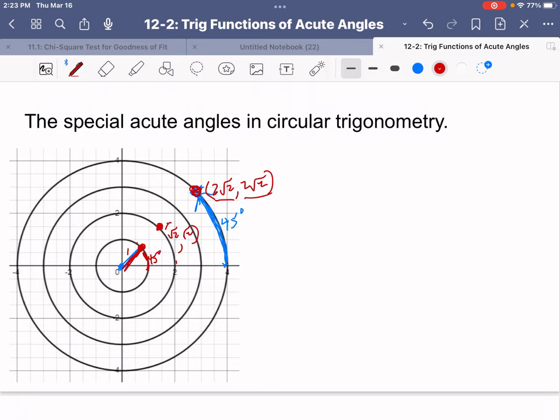If root 2 comma root 2 is the point on the circle with a radius of 2, then for the circle with a radius of 1, the ordered pair would be the previous ordered pair divided by 2. So would this be the square root of 2 divided by 2? And let me put it up here. The square root of 2 divided by 2, comma, the square root of 2 divided by 2 would be this point right here.